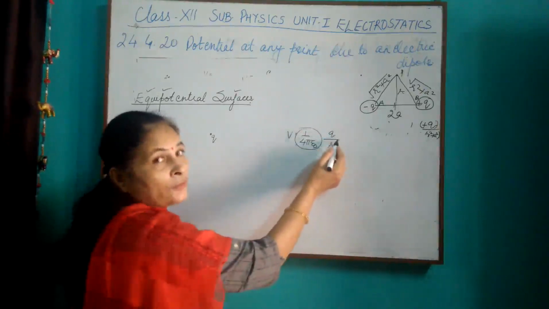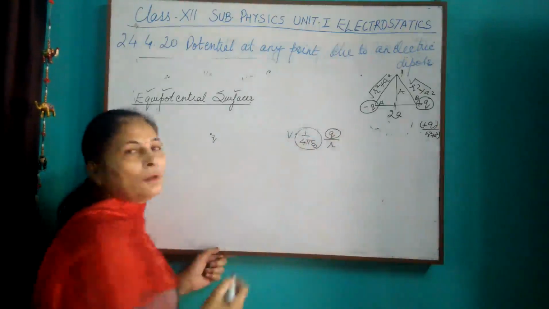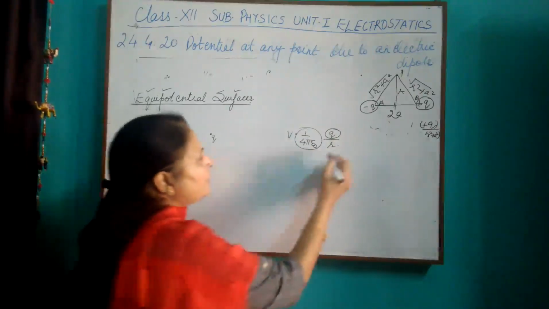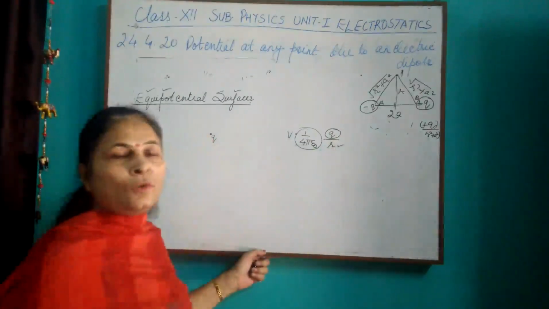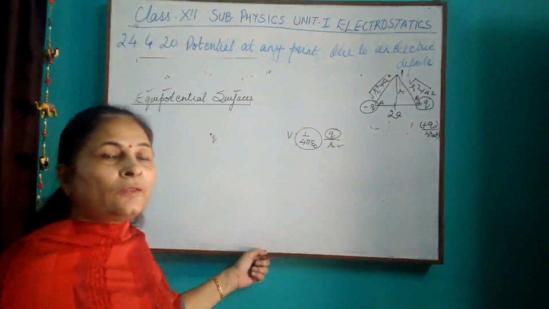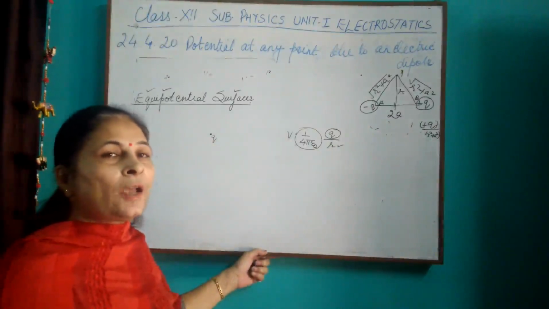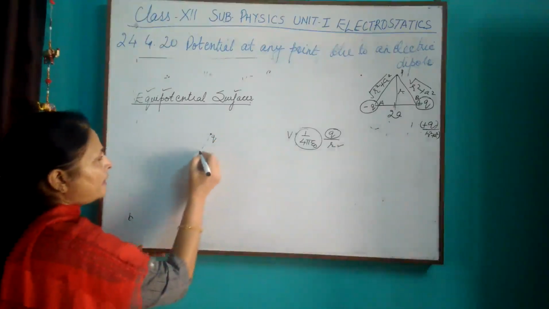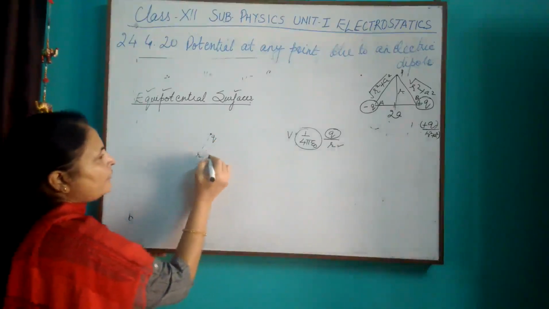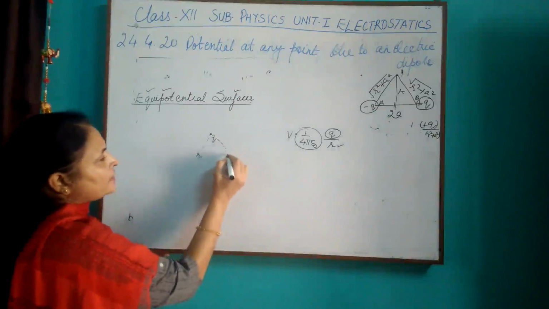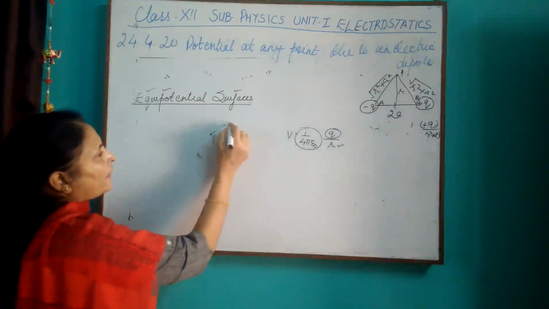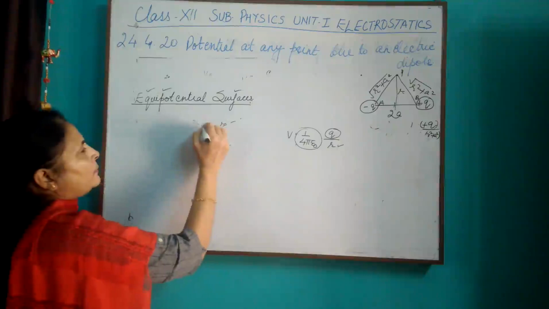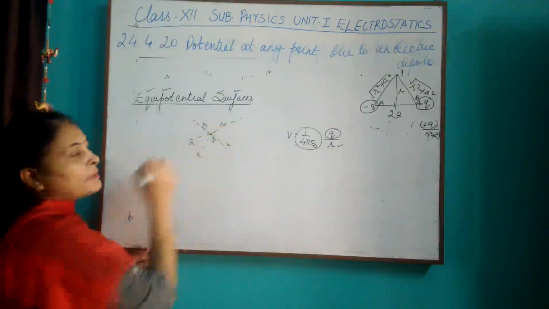For whatever charge we are finding, that is also constant. So if the distance remains same for the point, then that will have the same value of potential. So suppose I take a distance r from one side. So everywhere at a distance r, the potential will be same.